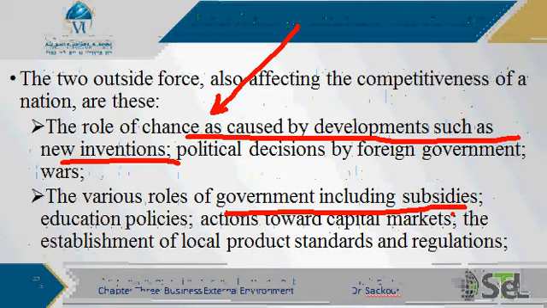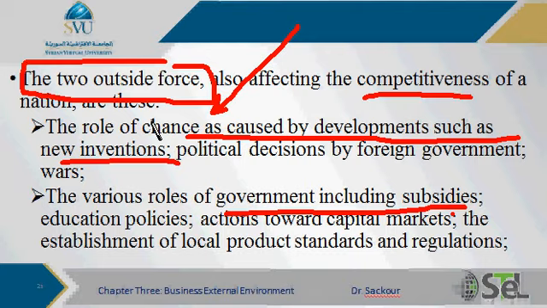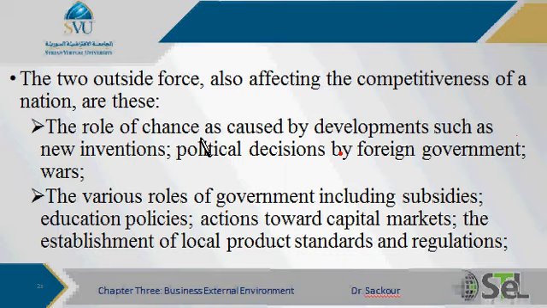So we have another two factors, outside factors, that affect the competitiveness of the nation, in addition to the four forces of the Porter Diamond: the role of chance and the various roles of government.